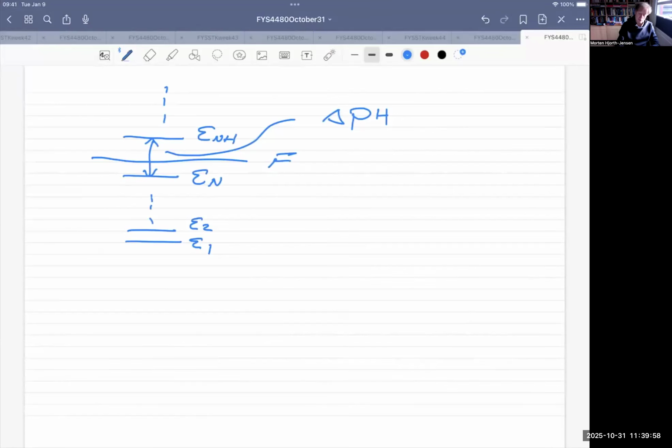In the example we had, we were looking at the ratio between only two states, but in general, since you have many more particles, this translates into the gap between the first excited single particle state above the Fermi level and the last state before the Fermi level.